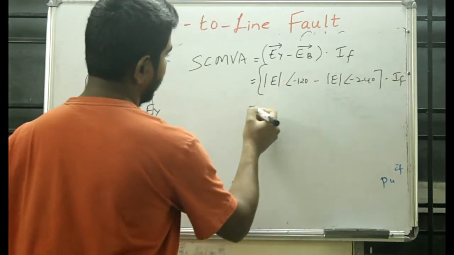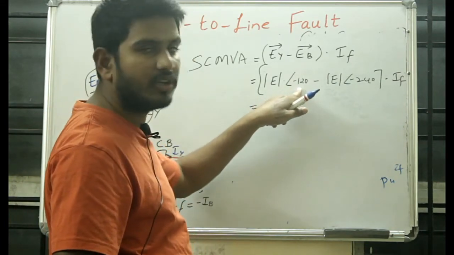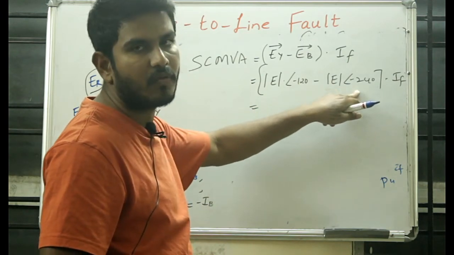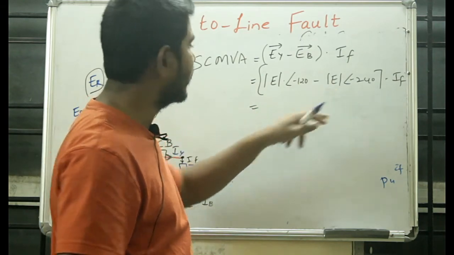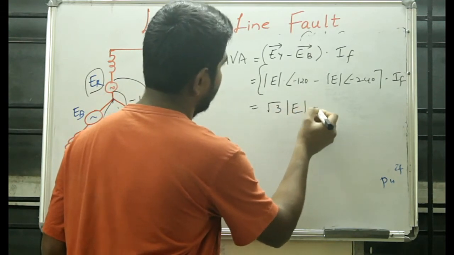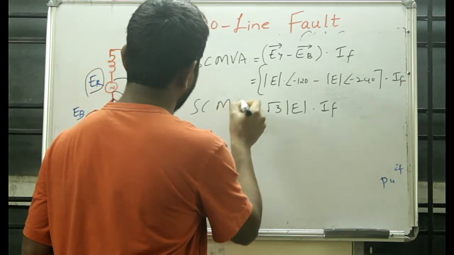After finding cos of minus 120 plus j sin of minus 120, and again cos of minus 240 plus j sin of minus 240, you will get root 3 mod E into IF. So this is your short circuit MVA, and this is one method.